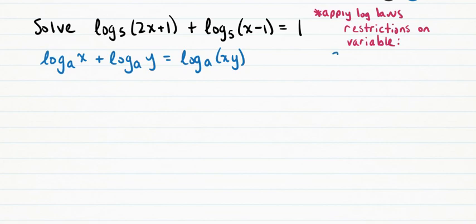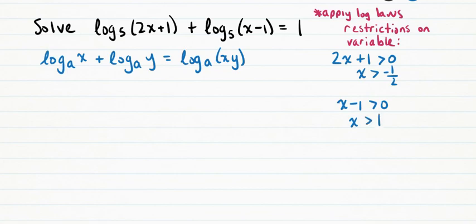So we want to make sure that both of these arguments, 2x plus 1 and x minus 1, are both greater than 0. So in order to accomplish that, we need x to be greater than negative a half in the first case, and we need x to be greater than 1 in the second case.